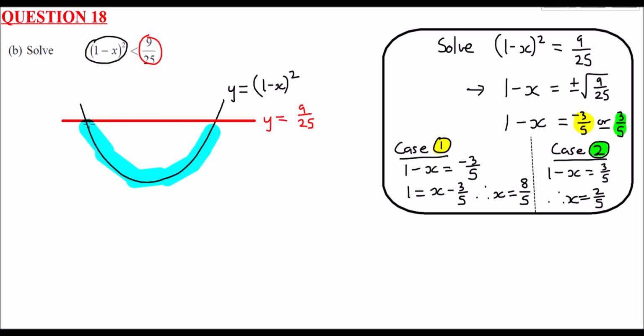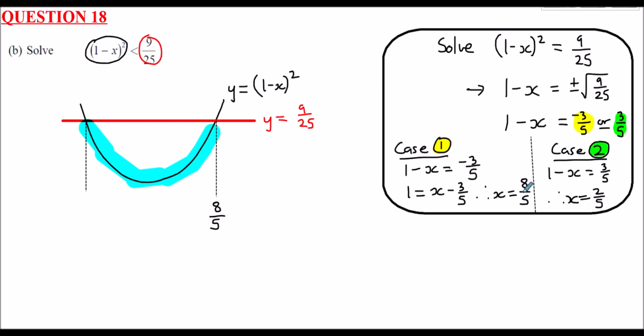So what we've done earlier is we calculated the critical values of x where x is actually equal to 9/25. Okay, so case 1, we had that x is 8/5, which is here. I'll change that to a black colour. That's from case 2.